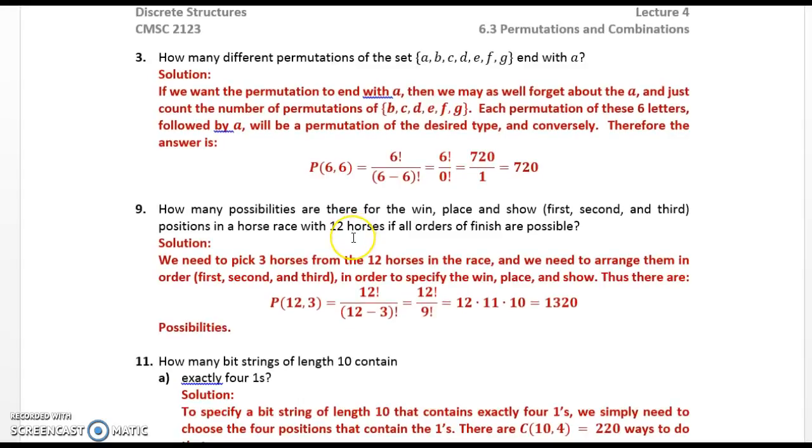Here are some example problems. How many different permutations of the set A, B, C, D, E, F, G end with A? Solution.